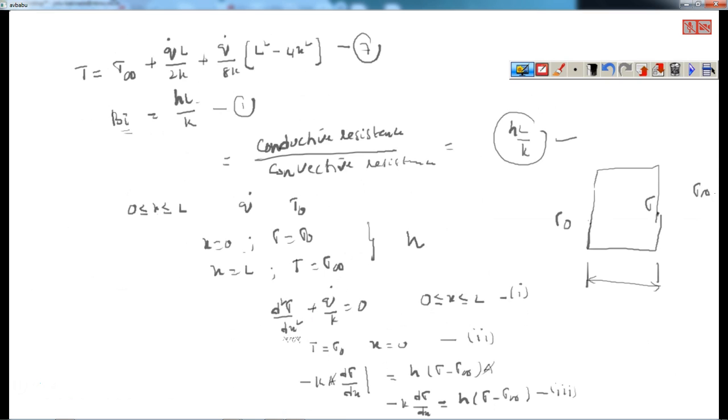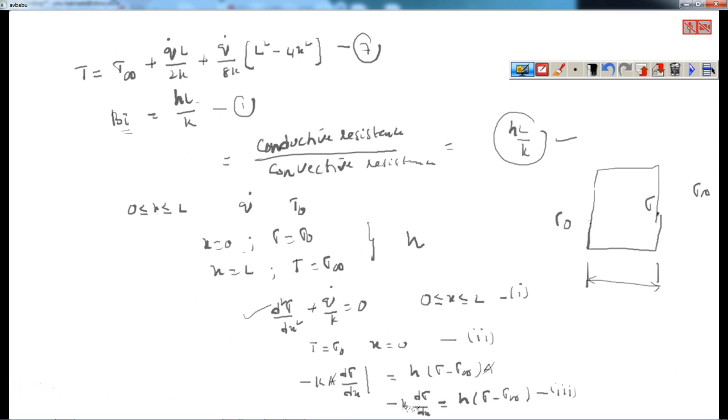This is the generalized one-dimensional steady state conduction equation with internal heat generation: d square T by dx square plus q dot by k is equal to 0. And the heat generated is going to be convected out, that is equal to minus kA dT by dx is equal to hA into T minus T infinity.